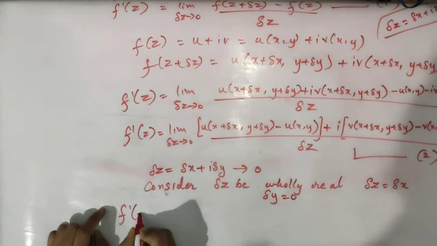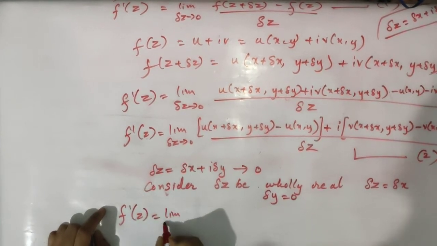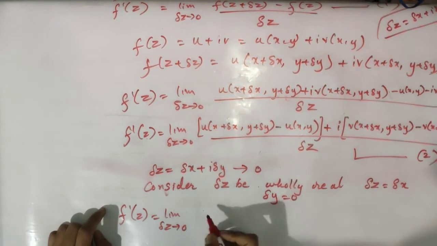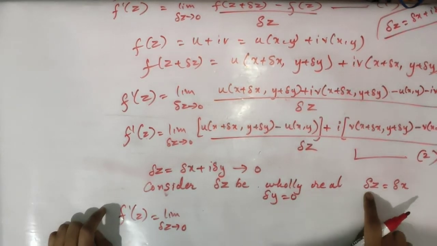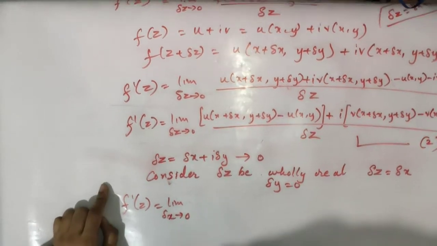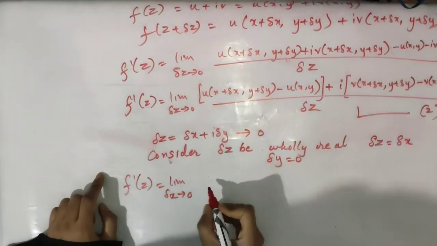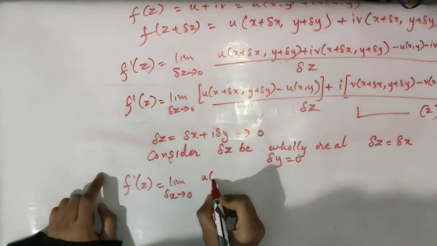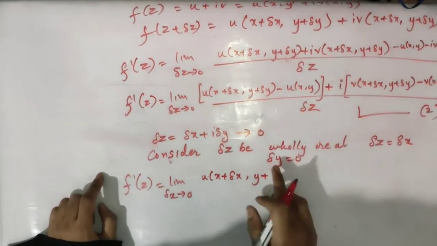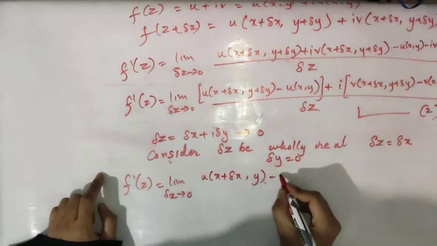The same thing I'll substitute here. So my f dash of z will take the form limit as delta z tending to 0. This time, since delta z is equal to delta x, this will be delta x. I hope it is clear to you. Now u of x plus delta x, comma y plus delta y is 0 in the y part, so we need not write it.